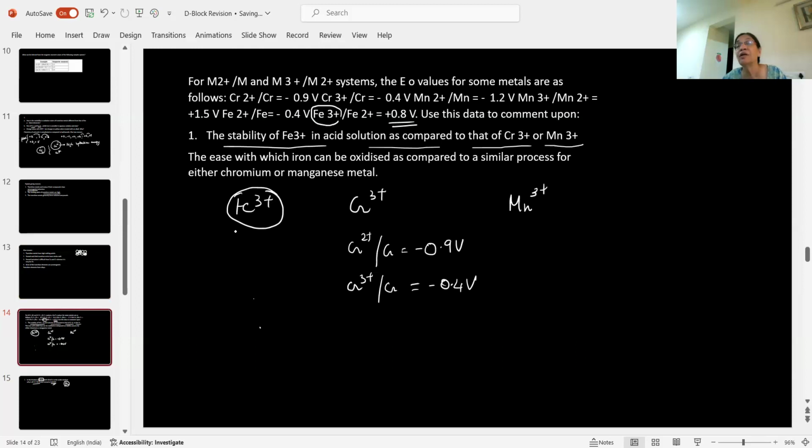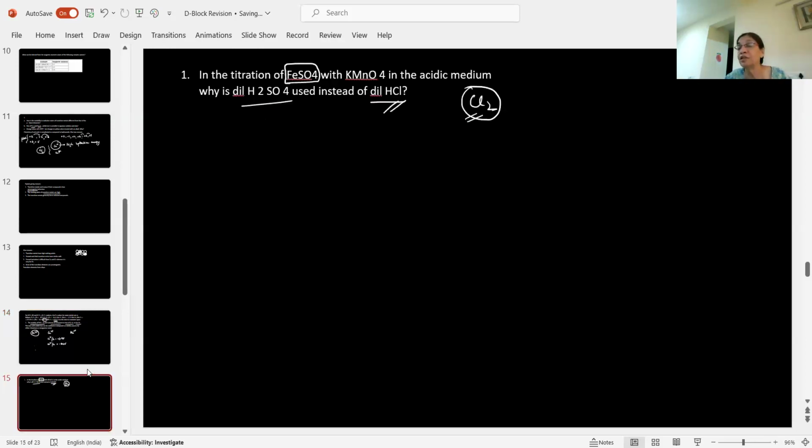Most of the cases, when we talk of an acidic medium, we make the medium acidic by sulfuric acid. We don't make it by nitric acid nor by HCl. Because most oxidizing agents will oxidize HCl also. So while you are trying to see how much of FeSO4 is oxidized, part of the KMnO4 will be oxidizing HCl also.